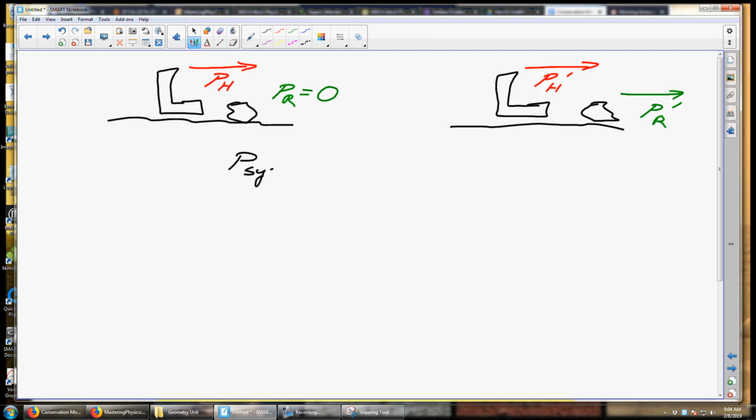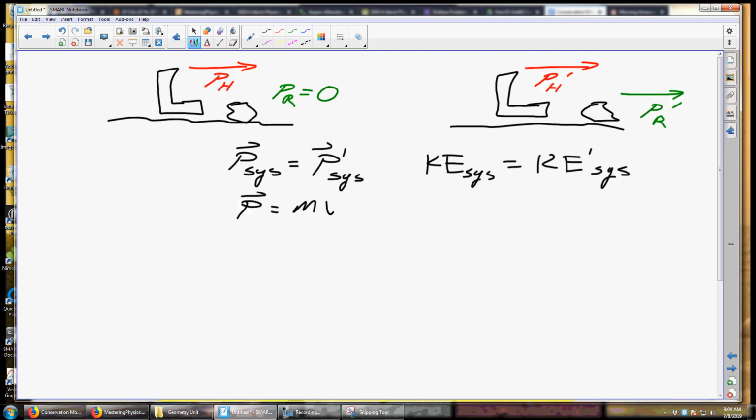Momentum of the system equals momentum of the system. Okay, KE system. Oh, this is all like number 10. Right, that's all exactly from 10.